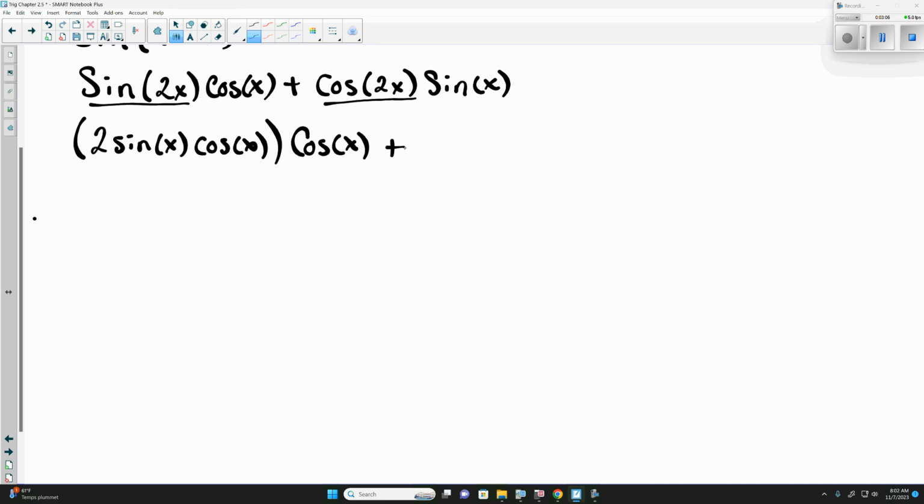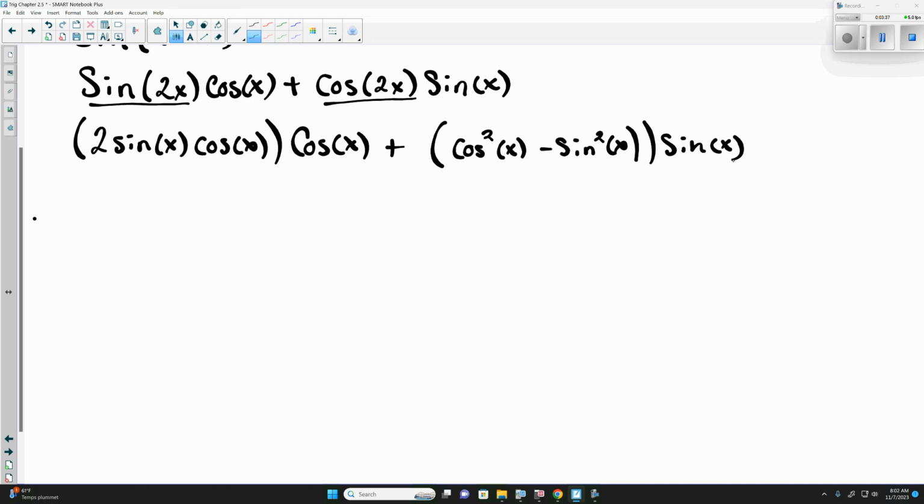We have many different options we could go for this next part here. I'm just going to pick the top one. I'm going to say cosine squared of x minus sine squared of x, because we have this version here, cosine of 2x is equal to cosine squared of x minus sine squared of x.